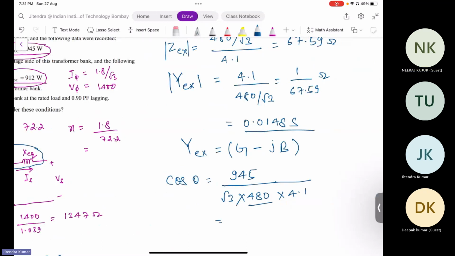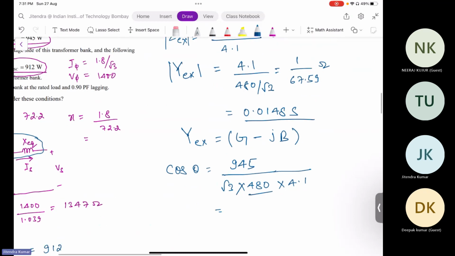So this cos theta will come out, okay. Please find this cos theta. Then we will find the inverse of it to get the angle. Cos theta is 0.832.